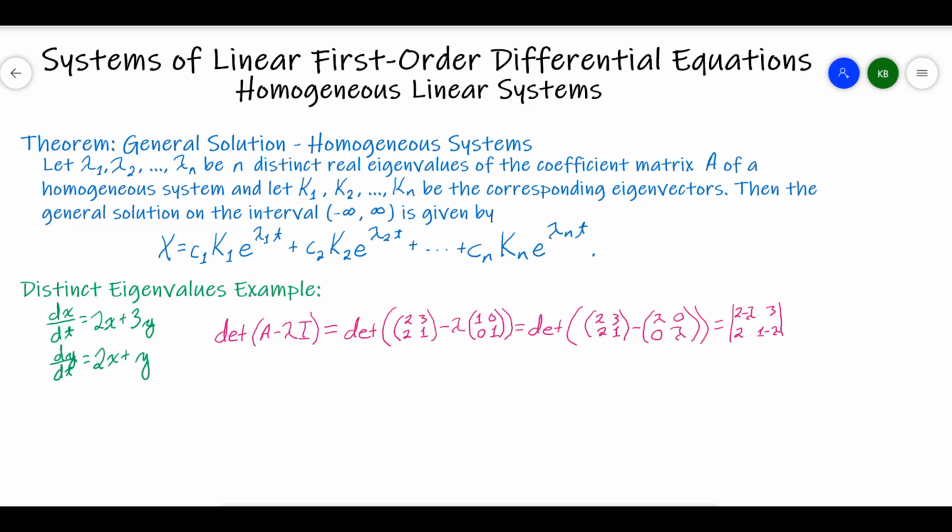So taking that determinant, then I get 2 minus lambda times 1 minus lambda minus 3 times 2.